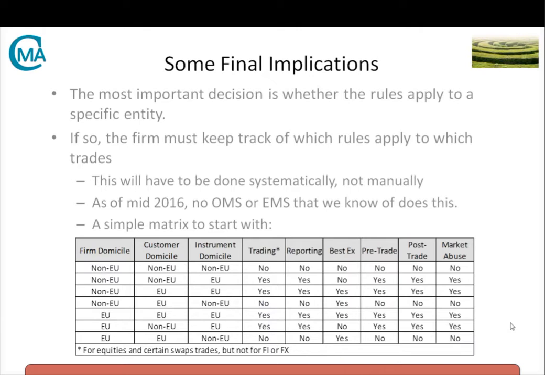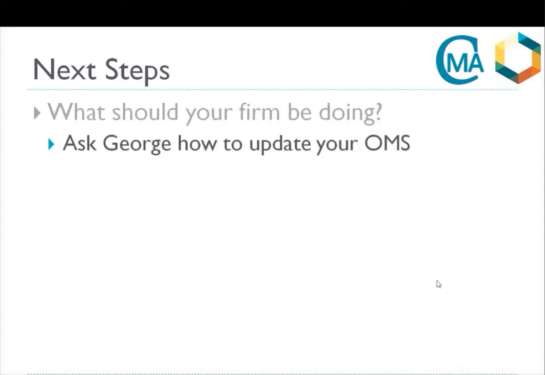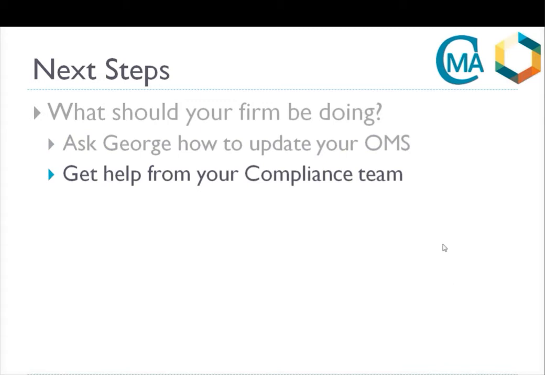So our view is that firms now need considerable help in constructing a way for them to deal with these problems, these rules, and not run afoul of the regulators. So CMA is happy to talk to folks about what they're doing and how to get themselves involved. Most firms' compliance teams are already involved in some of this, but you generally need to.